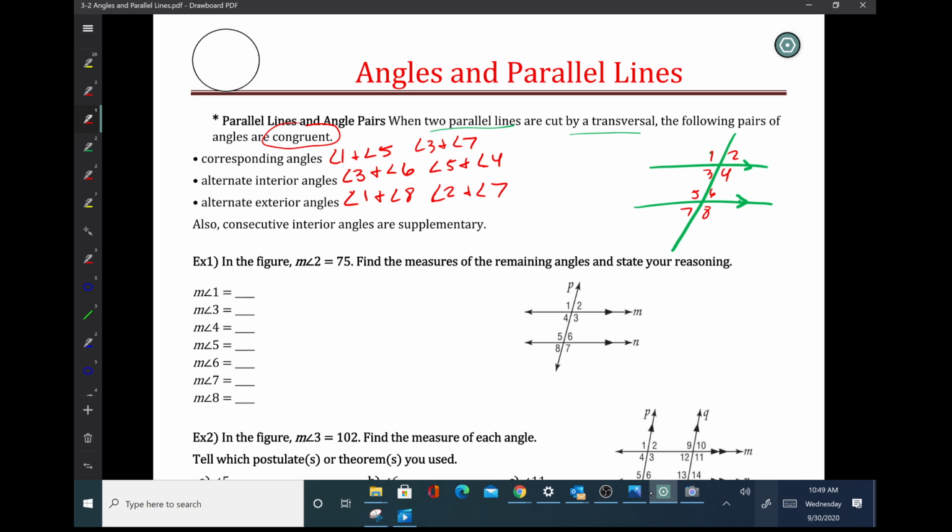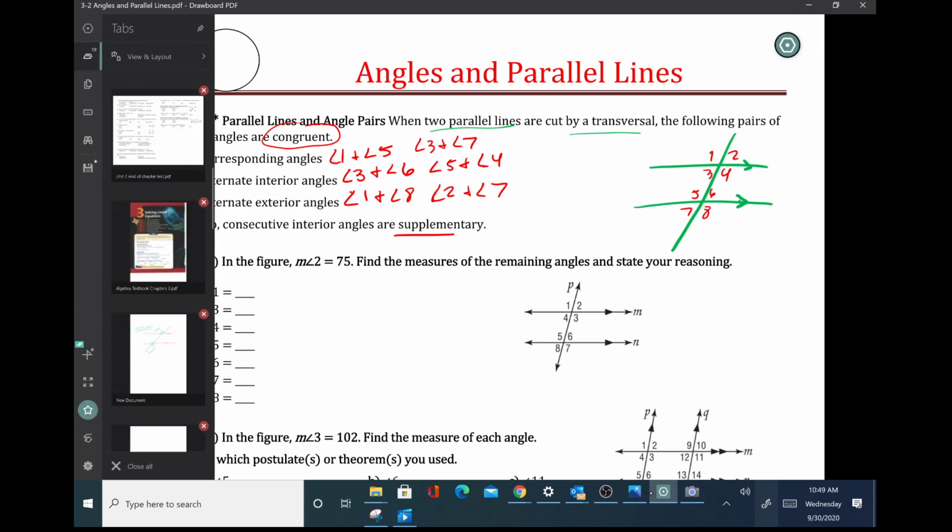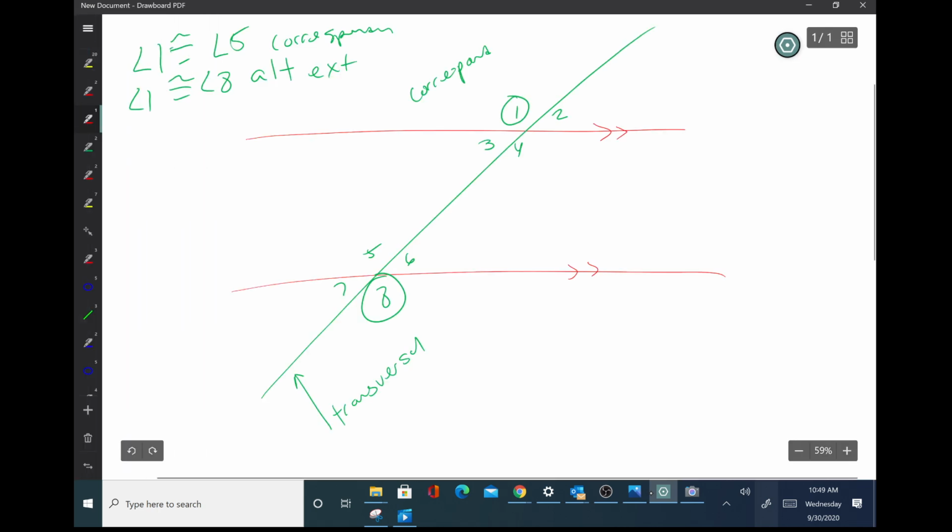And then we have one more. Consecutive interior are supplementary. And the reason that's true is, let's go back to a picture of one real quick. Okay, so let's just say, to make this easy, angle 1's 100, okay? So this is 100 degrees. Then I also know that this is 100 degrees, right? Because they're consecutive. Well, if that's 100, then I know that this is 80. And if that's 100, then this is 80. So look, they're both 80. Alternate interior angles are equal, and consecutive interior angles are supplementary.